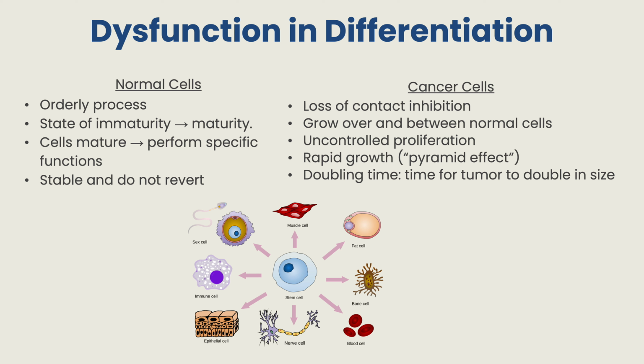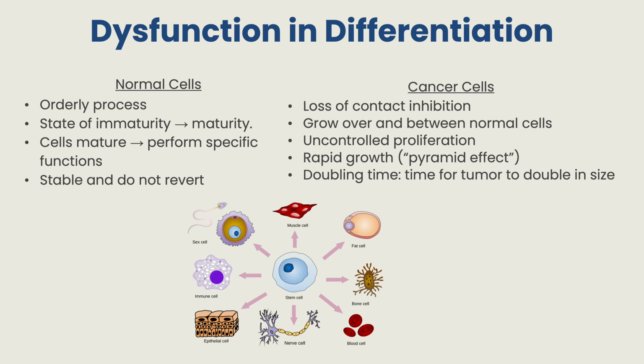However, cancer cells, on the other side, behave differently. They lose contact inhibition, meaning they no longer respect the boundaries of neighboring cells. Instead, they grow over and between normal cells, disrupting normal tissue structure. This growth is uncontrolled as they ignore the regulatory signals that typically limit cell division.